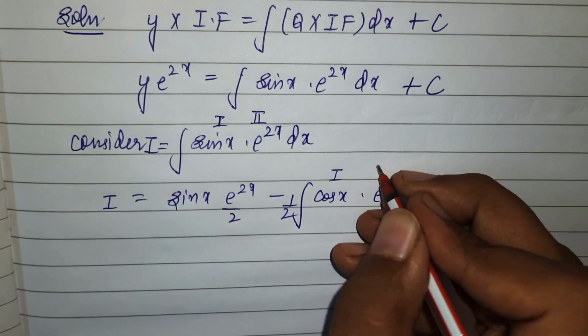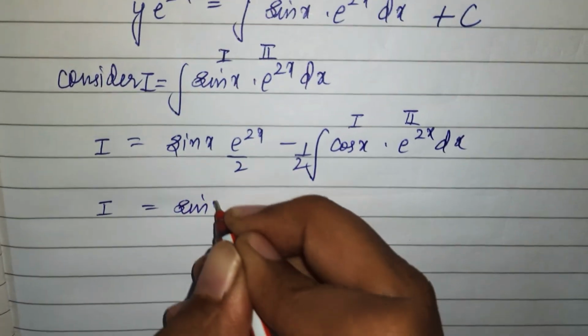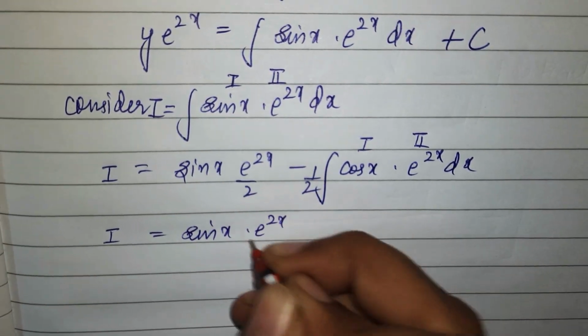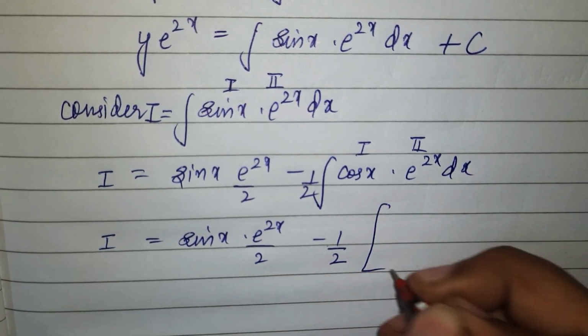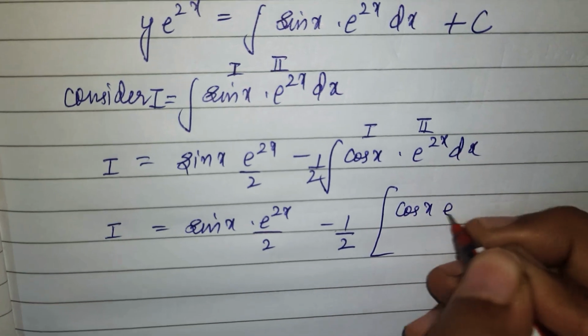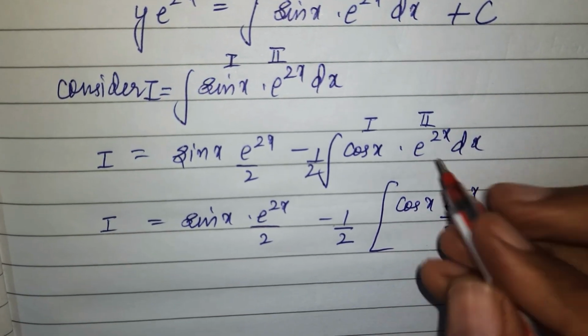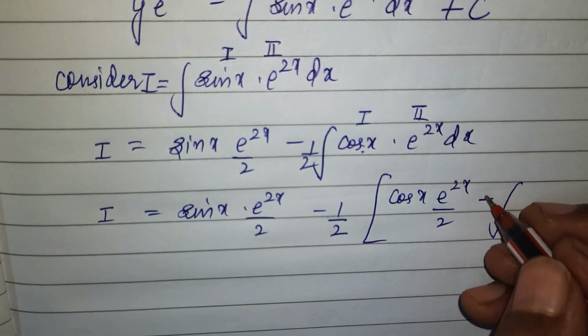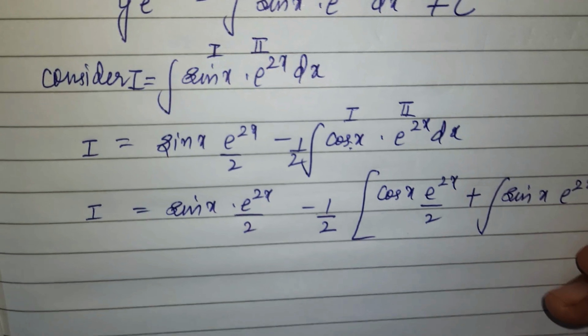Again apply by parts. I equals sin x e raised to the power 2x upon 2 minus 1 by 2, and what I am getting: first function same, integration of second function, minus cos x will become minus sin x, so this will become sin x, and this is again your same integral.